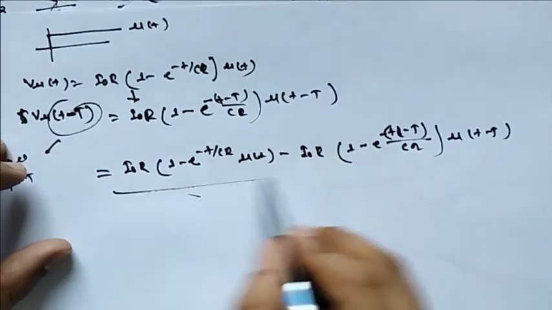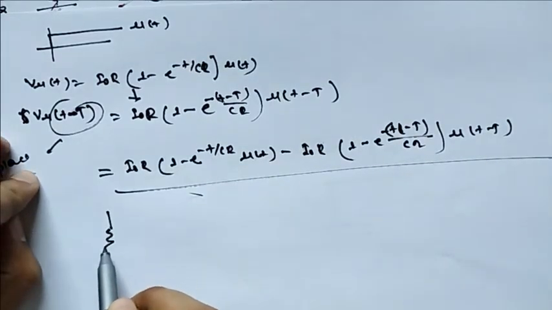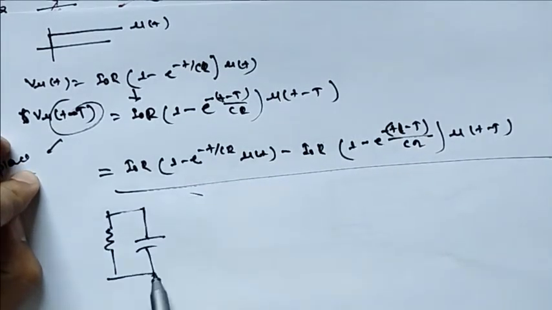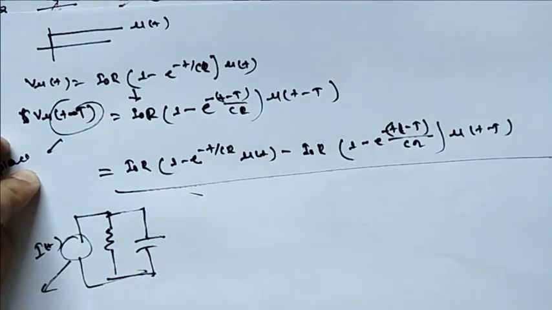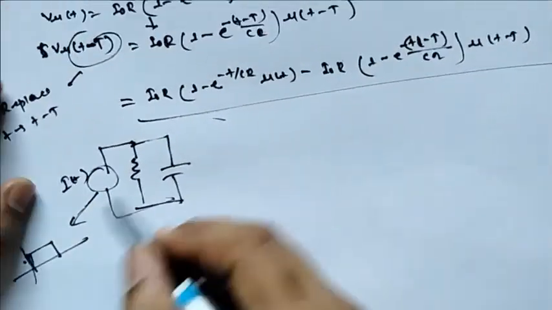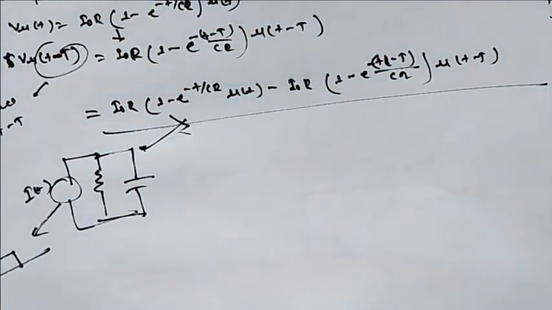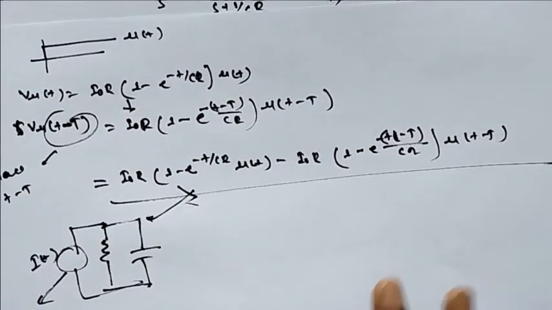So this is the total response we are going to get if the problem was RC and we have applied an I of t, which is nothing but a rectangular input. This is the rectangular input, and the response will be this one. So we have seen how to calculate the step and impulse response of any function.